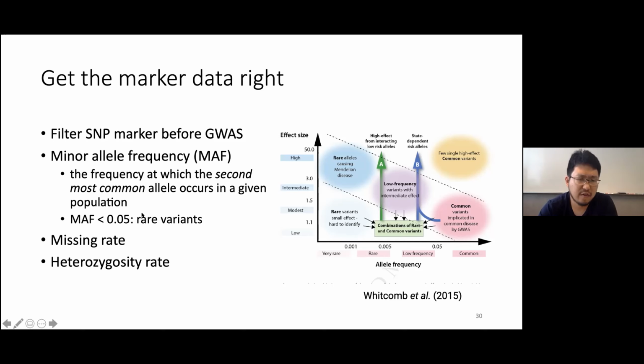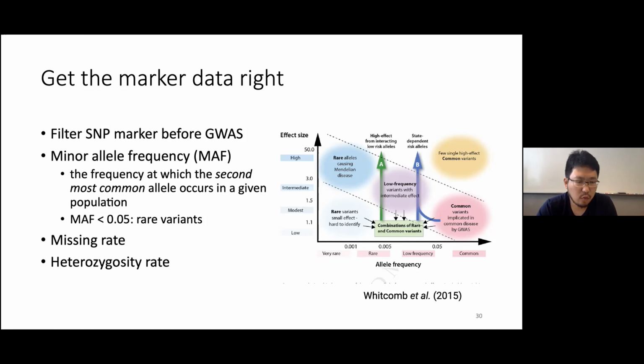Like I just said, there's no gold standard for filtering out the alleles with low MAF. Sometimes people use 0.05, but this is actually kind of arbitrary because it really depends on the population size you have.